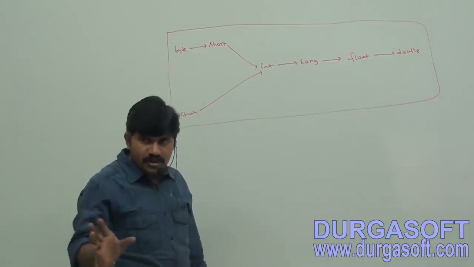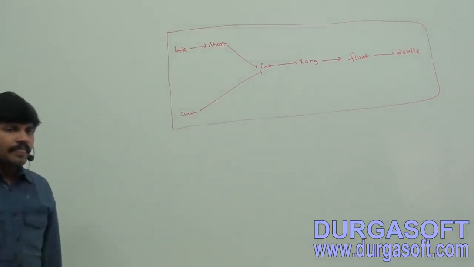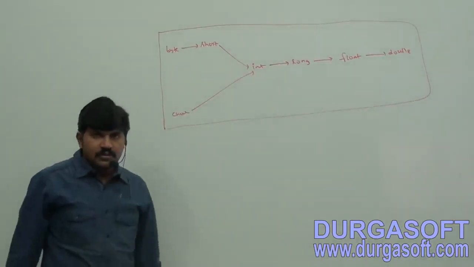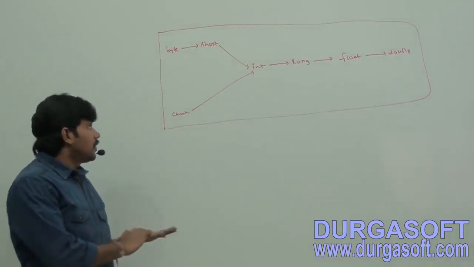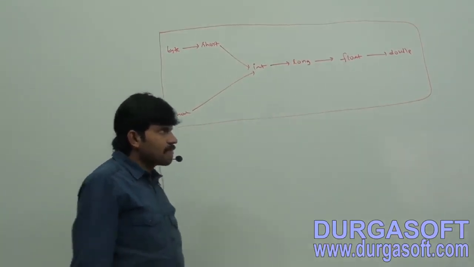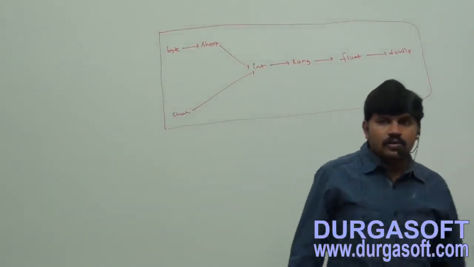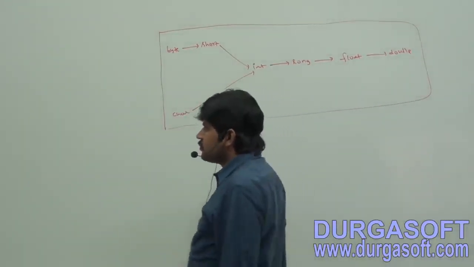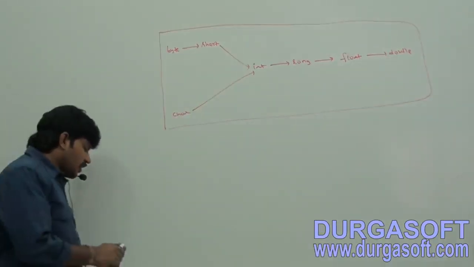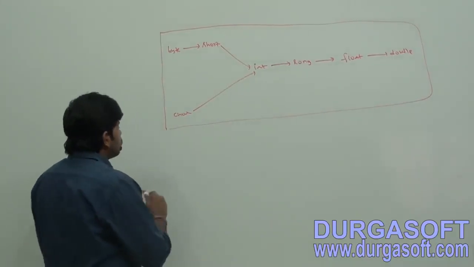First take this diagram, and if you have some doubt, I will clarify, no need to worry. First take byte to short, short to int, int to long, long to float, double. Next char to int, char to int like this.